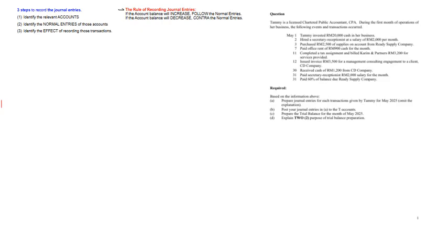First one, we'll identify the accounts involved. Let's look at the first transaction on May 1st. Tammy invested 20,000 cash in her business. So let's look for the clues. Investment. And second one, cash.